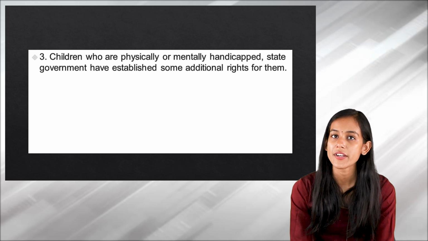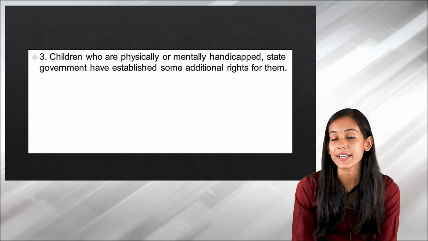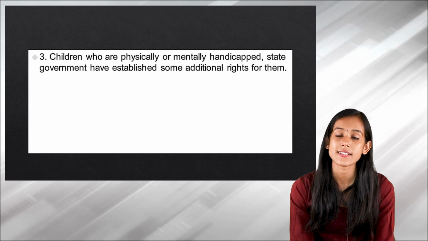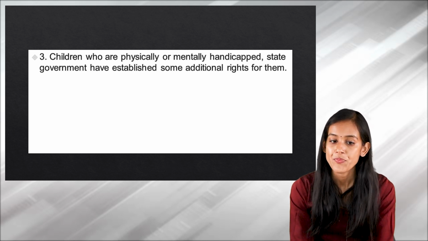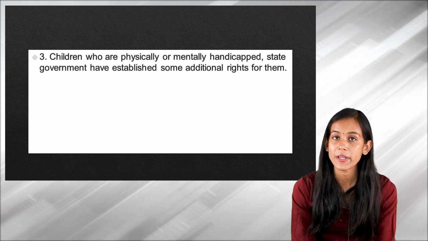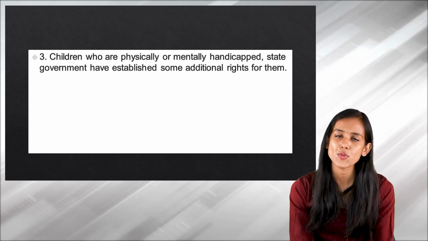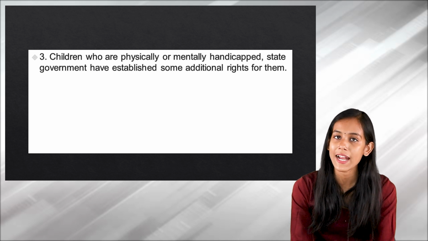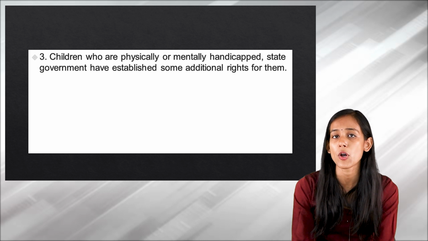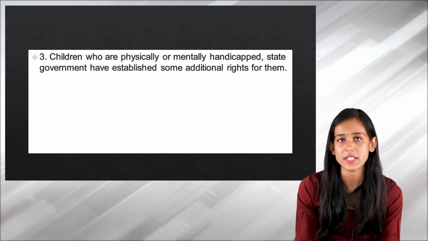Now, for children who are physically or mentally handicapped, there are some additional rights, such as the right to live in a normal setting or the right to equal opportunity for public education. Sometimes, when the child is handicapped, they are neglected by society and they do not get the opportunity for public education or to live in a normal setting.